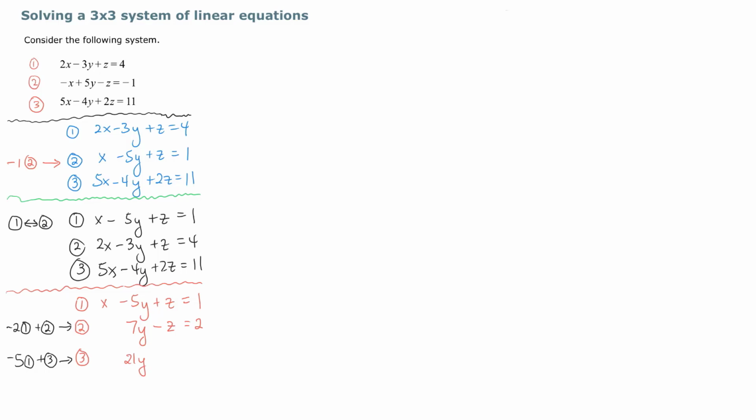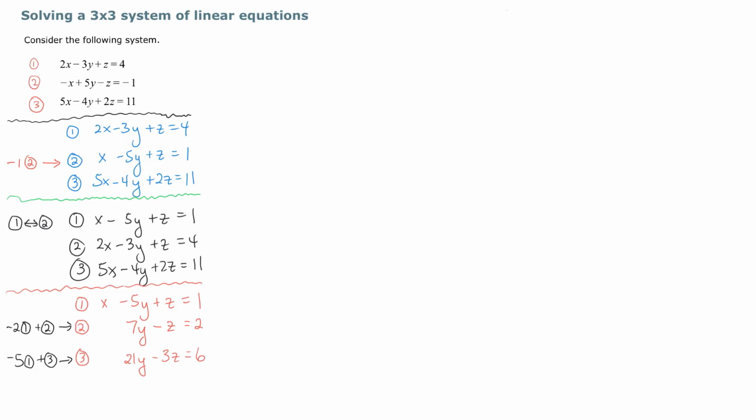We also get negative 5z, add it to 2z, so we get negative 3 times z. And then we also have negative 5 added to 11, which is 6.